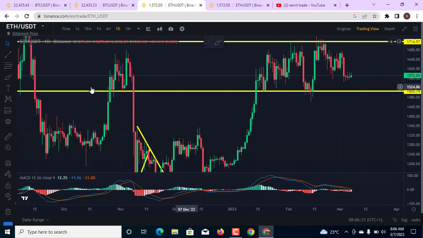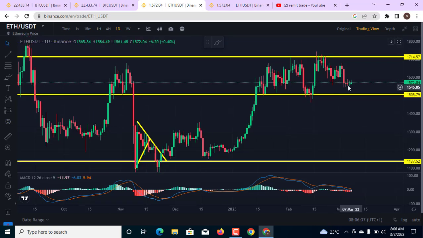Breakout. ETHUSD 1-day chart. If you look at it, this market has not moved significantly on the 1-day, and what you should be paying attention to is the MACD right now on ETH, because ETH has a greater momentum of moving right now than BTC would do. So pay attention to the MACD. A greater increase in the MACD histogram to the downside with these red bars means the market is going to come right down.